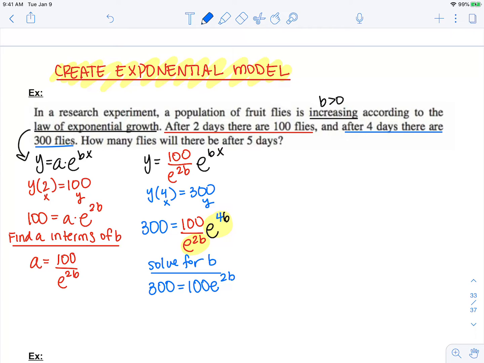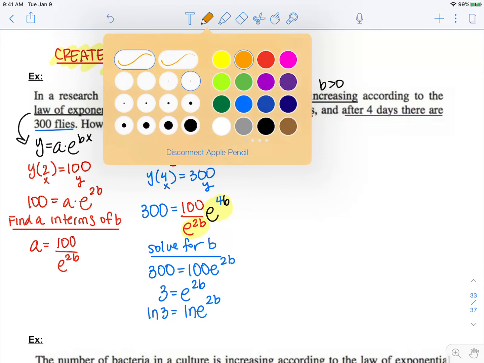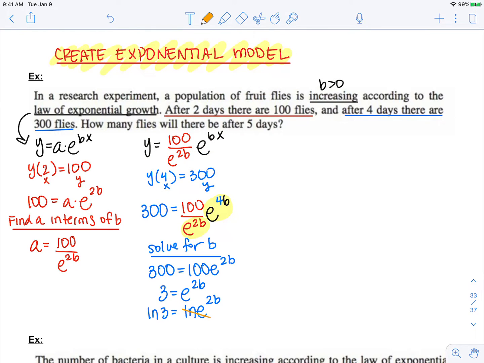Now I'll divide by 100. 3 equals e to the 2b. Now I can use my inverse property. ln of 3 equals ln of e to the 2b. And this cancels to leave 2b equals ln 3. So b equals ln 3 divided by 2.